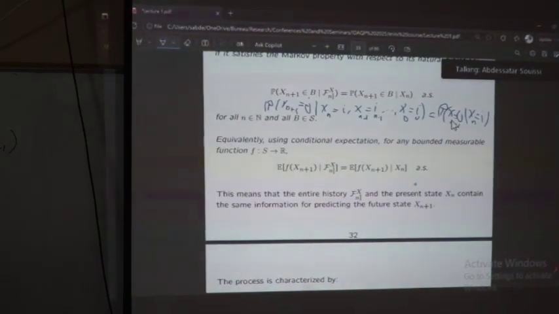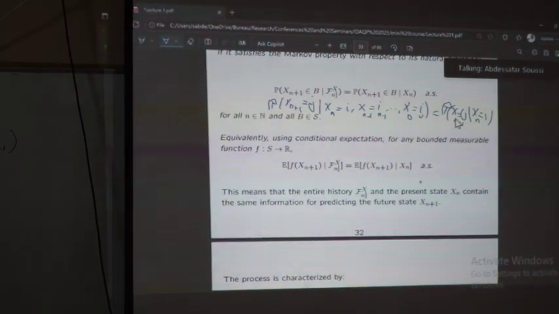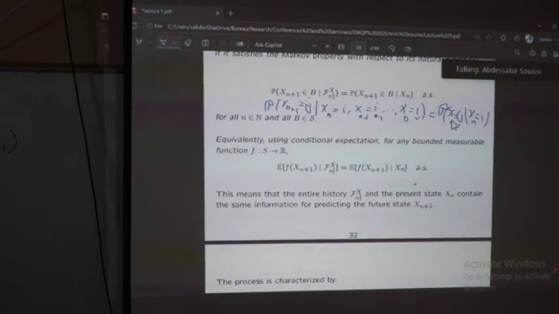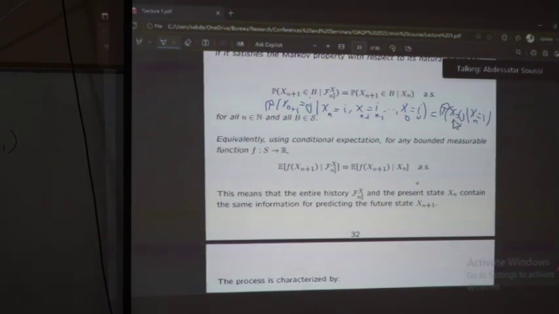And now we have this equivalent reformulation: for any measurable function f, E of f of Xn plus 1 given the sigma algebra Fn^X is the same as E of f of Xn plus 1 given Xn.